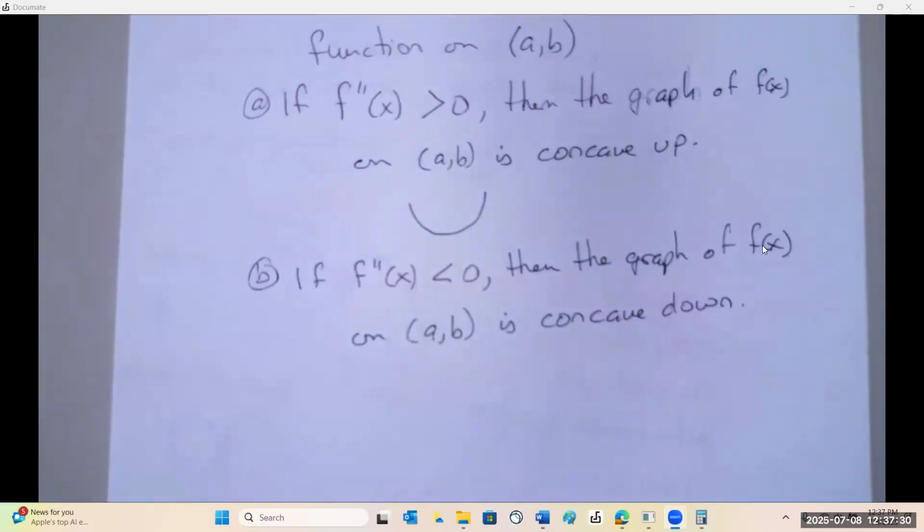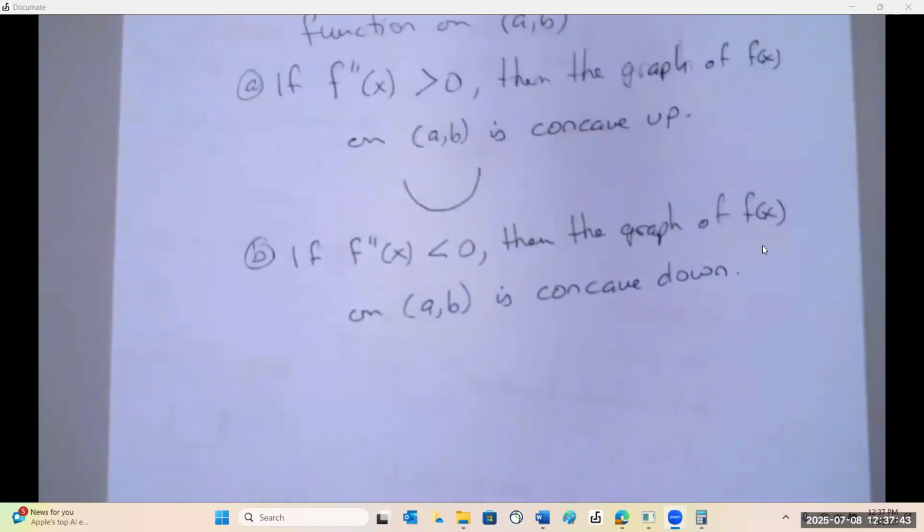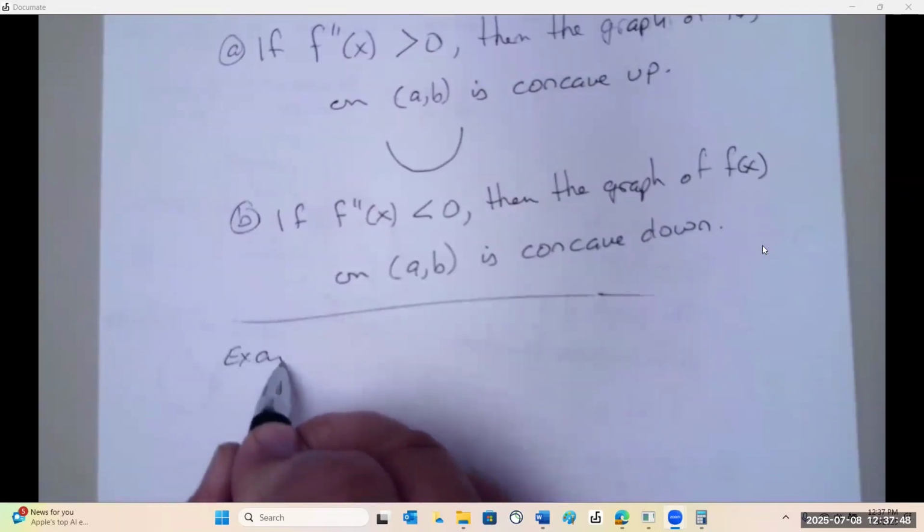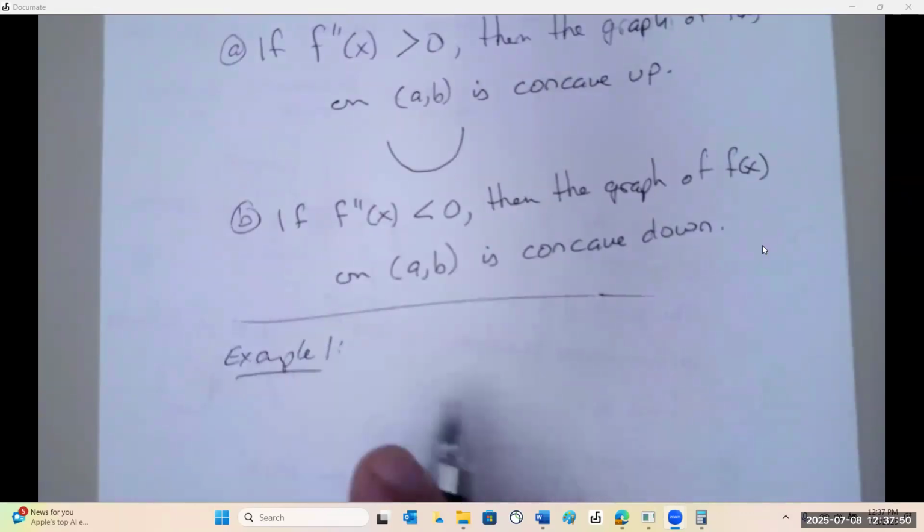That's pretty straightforward. But same as we talked about earlier with the increasing, decreasing aspect of the first derivative, we have to have intervals, which we'll talk about next. Let's first look at an example. Example 1.